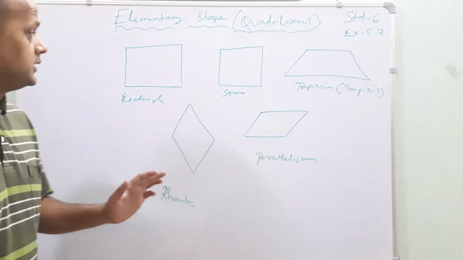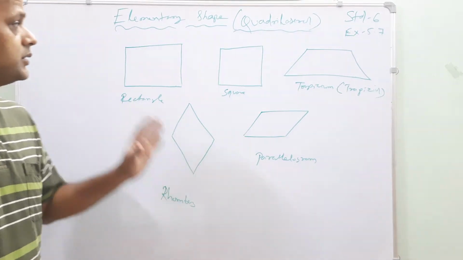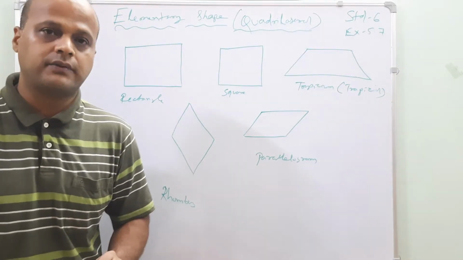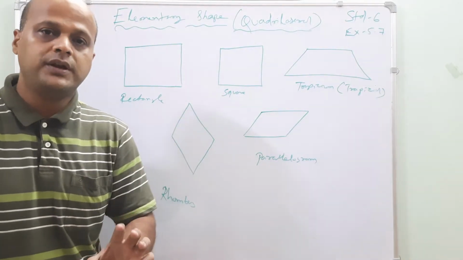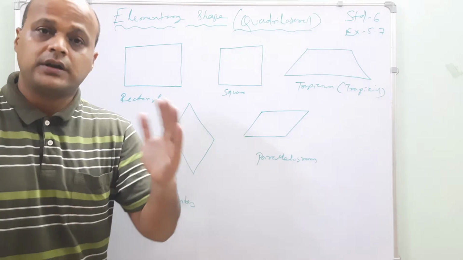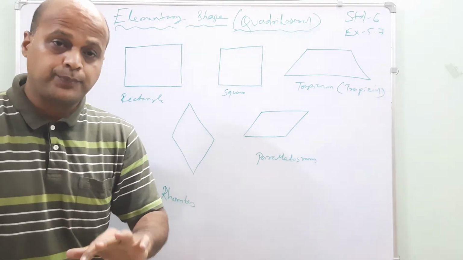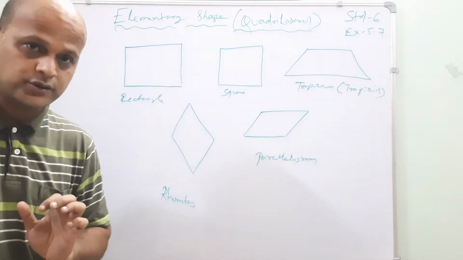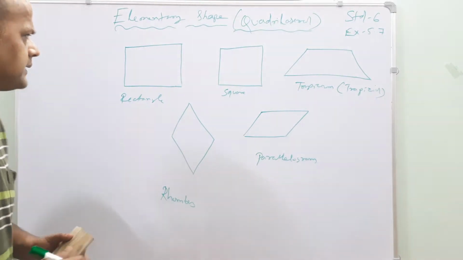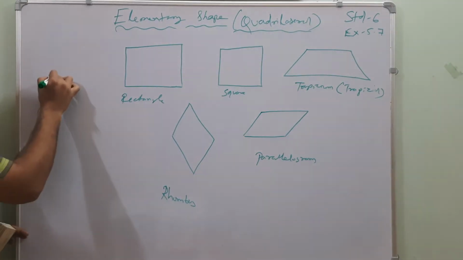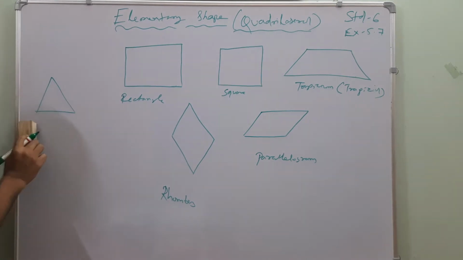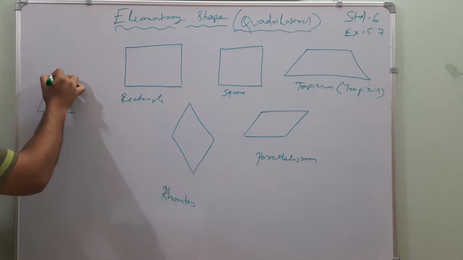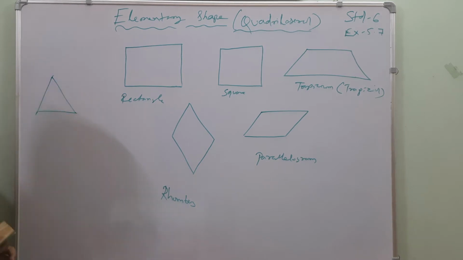But a question comes up: by observing we say these are quadrilaterals, but in mathematical terms, how will you separate them from each other? By some properties. For example, how do you recognize a triangle? You said 3 sides, 3 vertices, 3 angles.